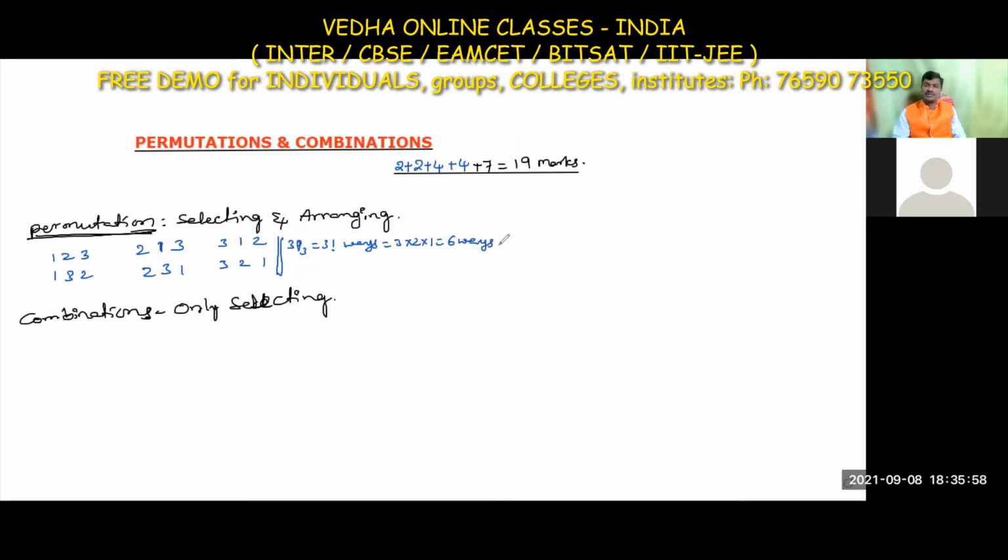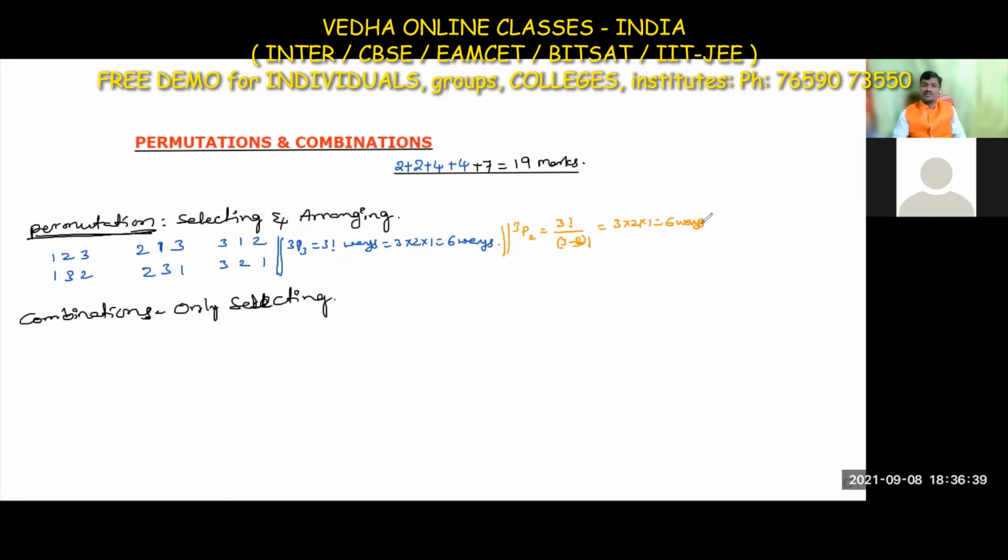If we select only 2 from these 3 numbers and arrange, how many ways are possible? 3P2 ways. 3P2 is 3 factorial divided by (3 minus 2) factorial. 3 minus 2 is 1, and 1 factorial is no change. So 3 into 2 into 1, 6 ways. Here also we get 6 possible ways.